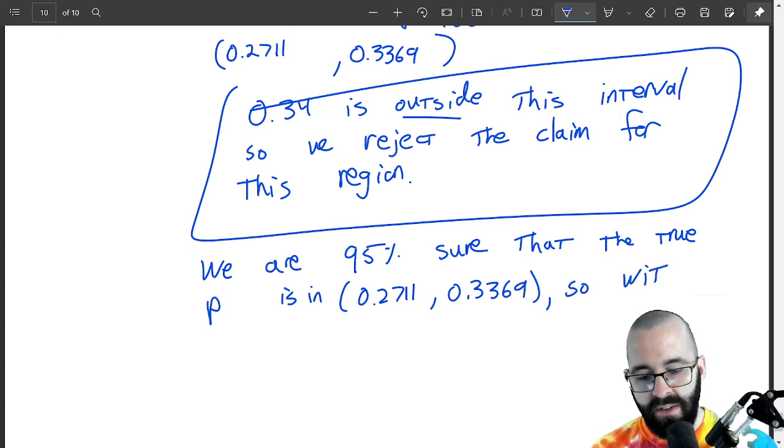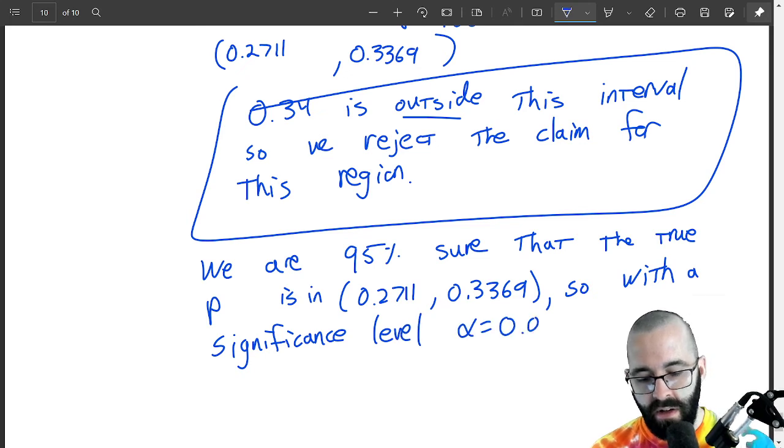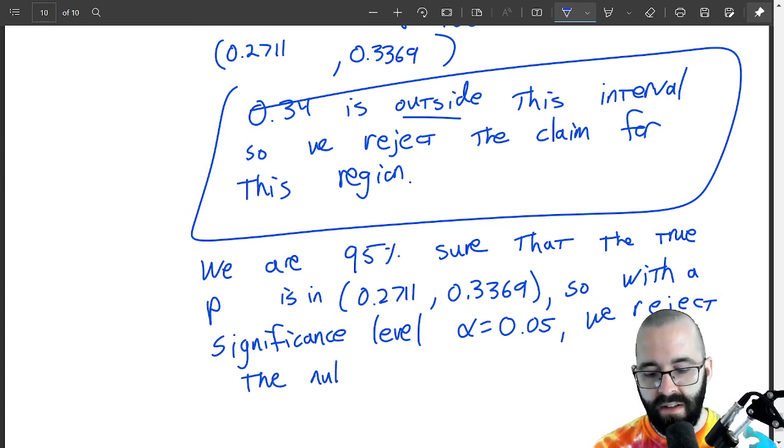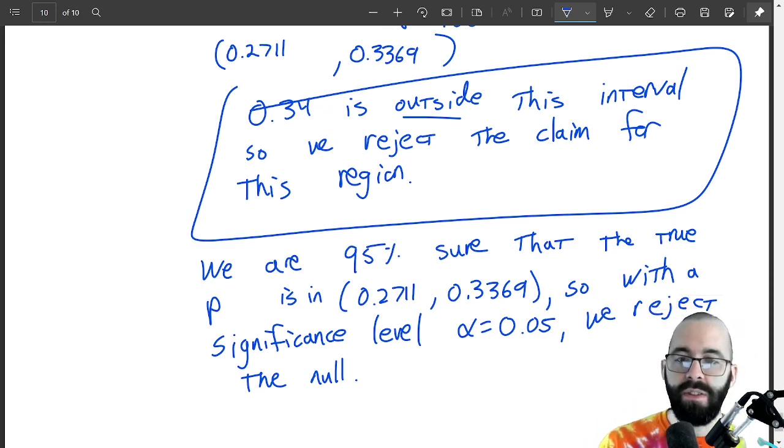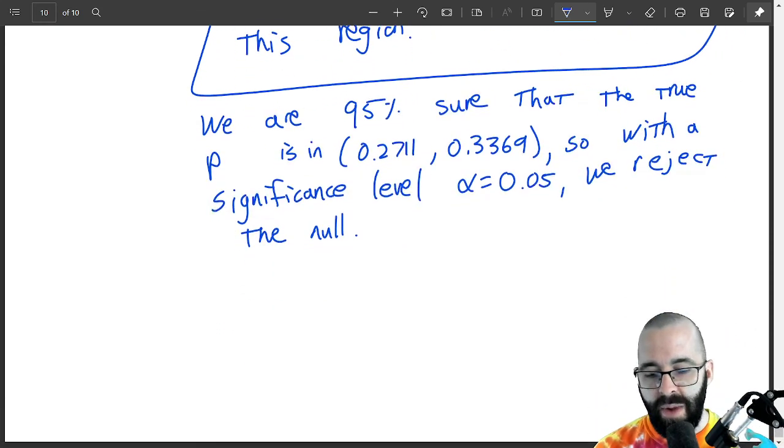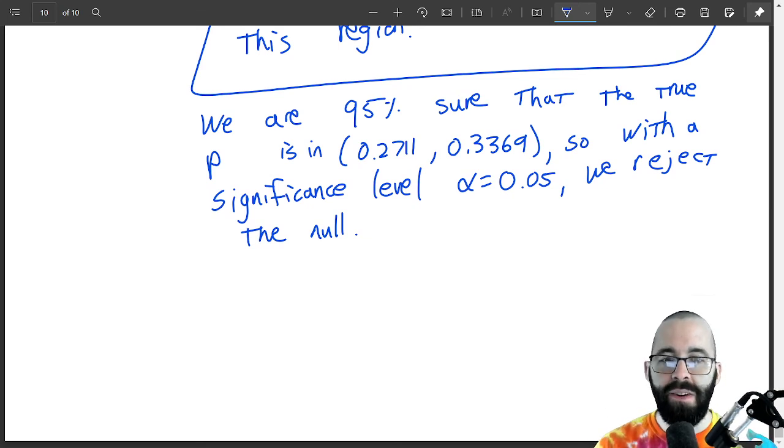So with a significance level alpha, we reject the null hypothesis. That's another way of phrasing this answer, and a connection between confidence intervals and hypothesis testing. And that's this unit. Let me know if you have any questions, and good luck.